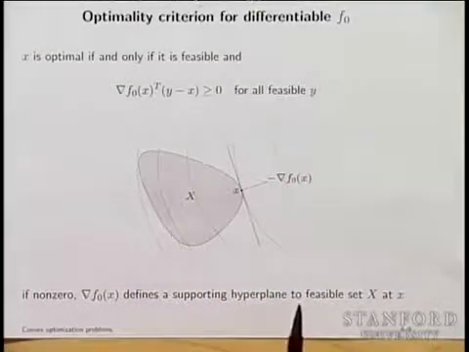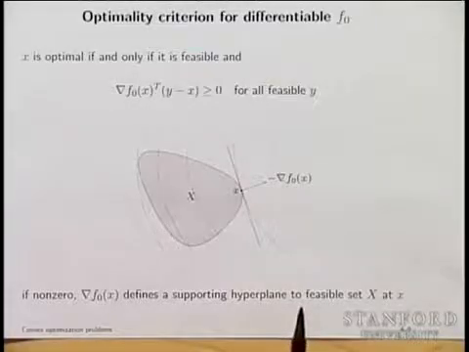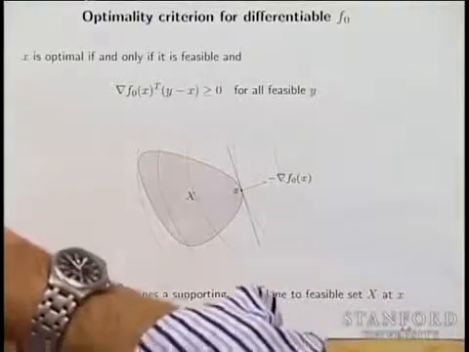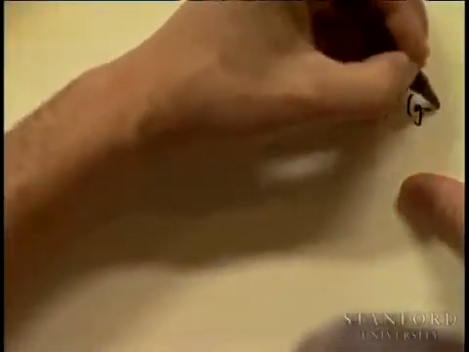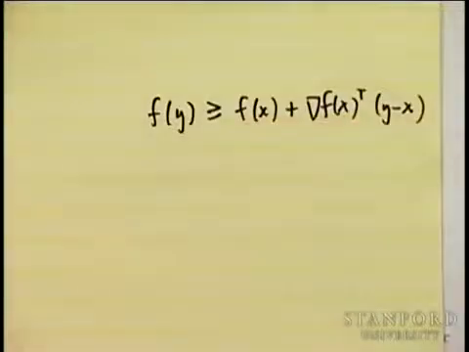Okay? I can actually sort of explain this. It just comes from this thing, right? It basically says the following. You know the following is true: f of y is greater than or equal to f of x plus the gradient of f at x transpose times y minus x, if f is convex. This is true for all y.